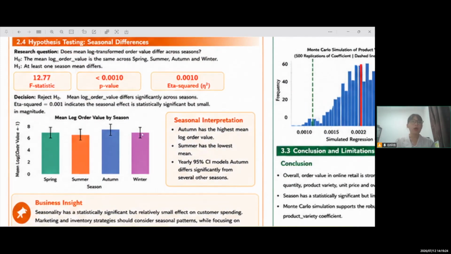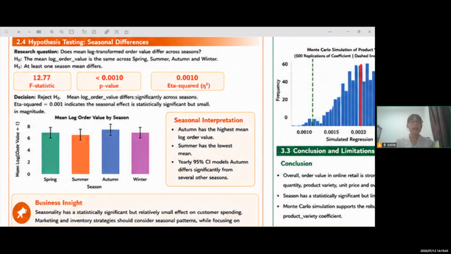The box plot compares customer spending across the four seasons. Although autumn and winter appear to have higher order values, we need a statistical test to determine whether their differences were significant.